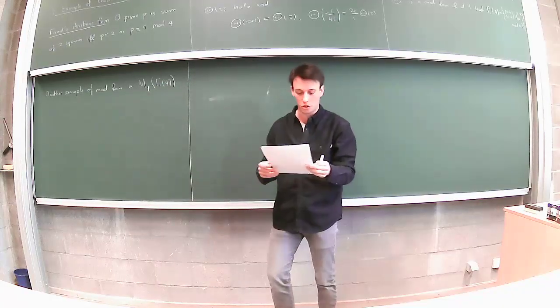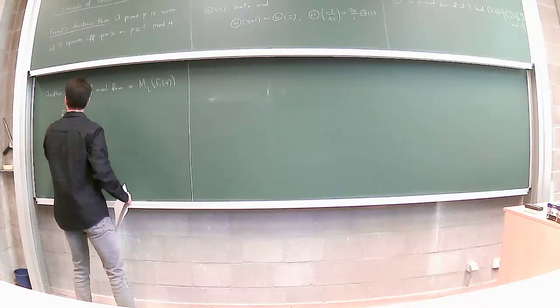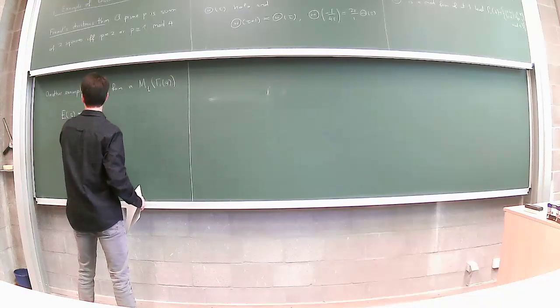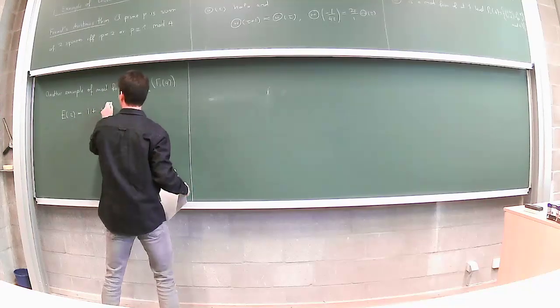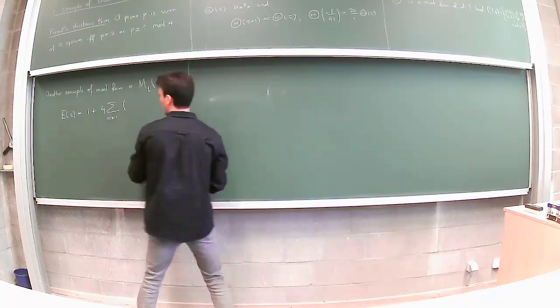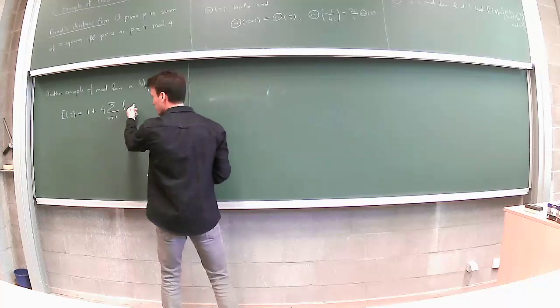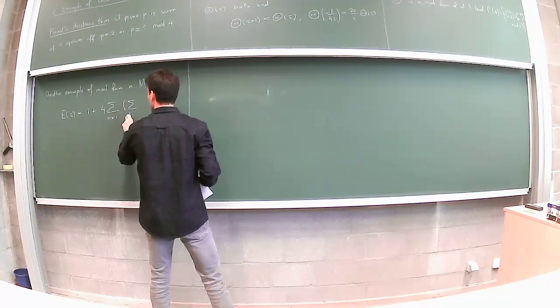Another example is what is called the Eisenstein series. And this one has the following Fourier expansion, or q-expansion. It's 1 plus 4 sum over n, where the coefficient of q to the n is a divisor function.